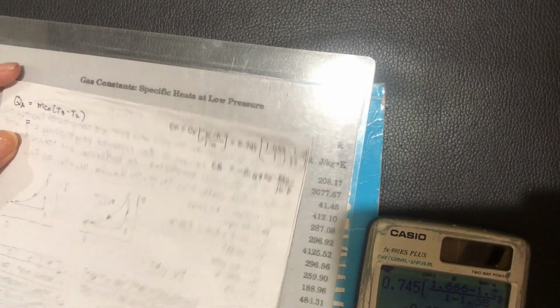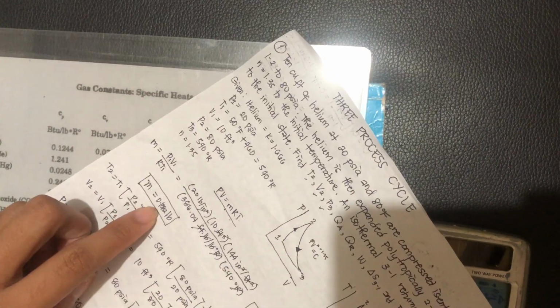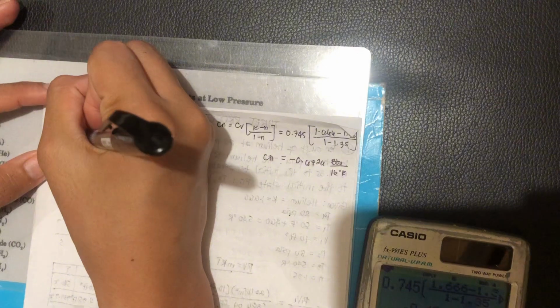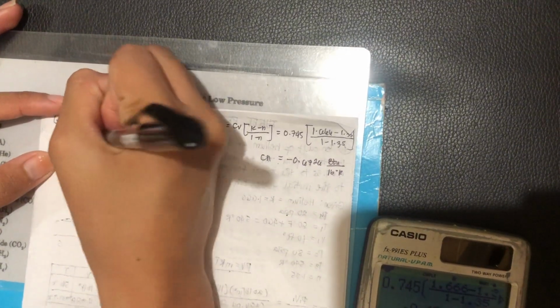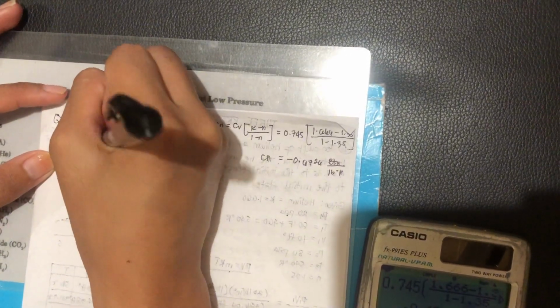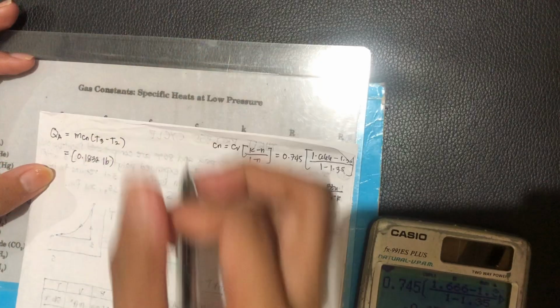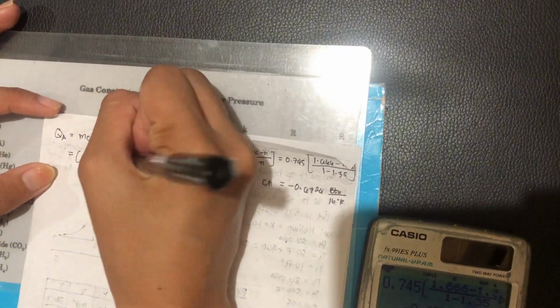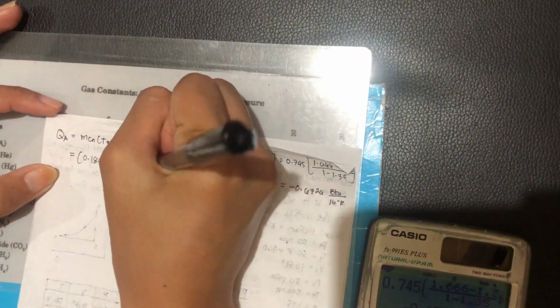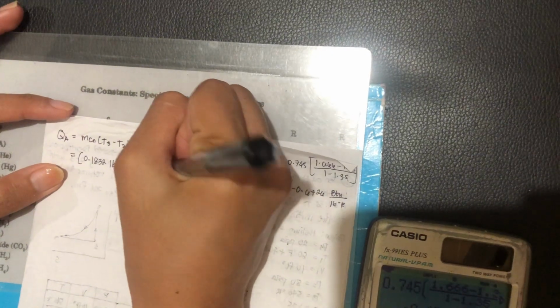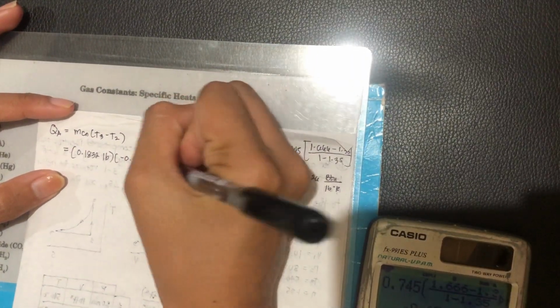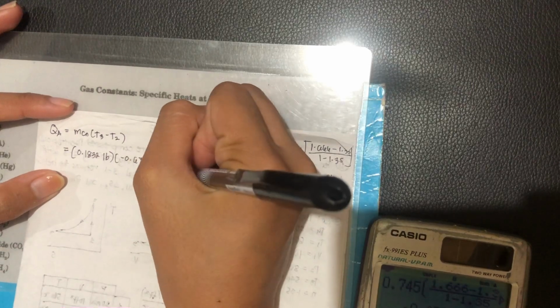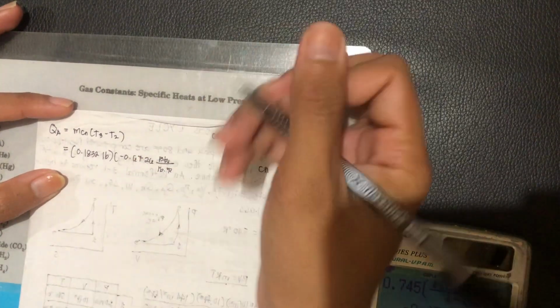So ang atong mass, natay mass nga 0.1382 pound. Atong CN nga negative 0.6726 BTU per pound rankine.